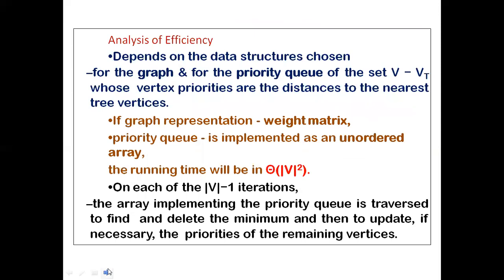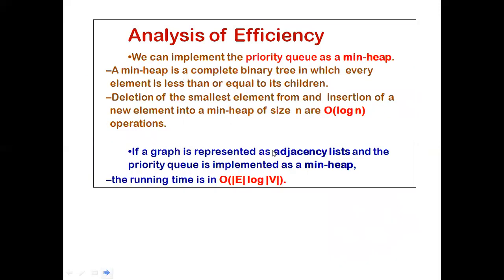Second, you can represent the graph through an adjacency list, and the priority queue you can implement using a minimum heap. We will study what a minimum heap is. A minimum heap means the root node will have the minimum weight, so every time it deletes the minimum weighted root from the binary tree.